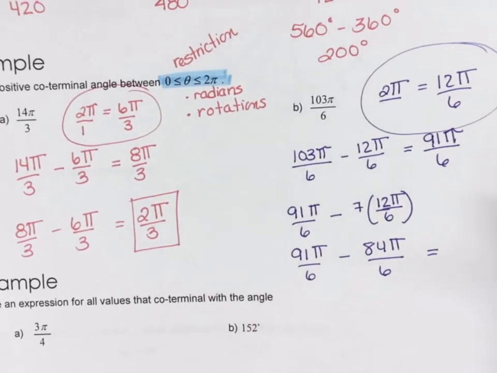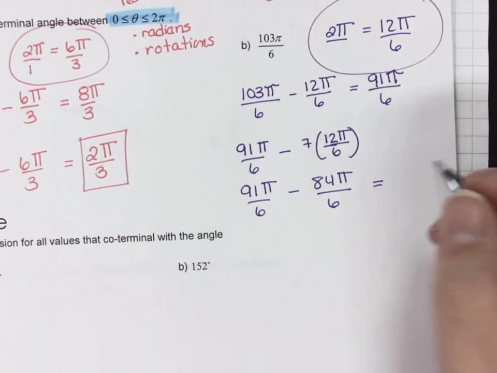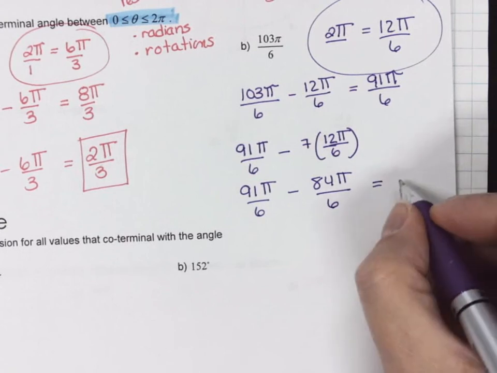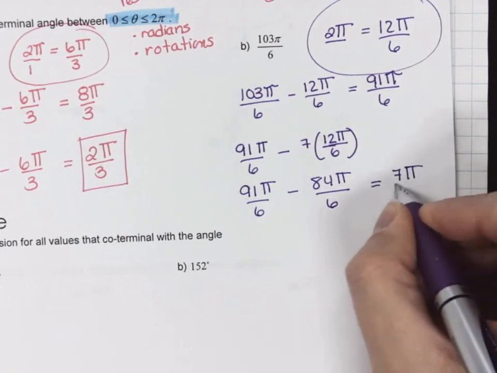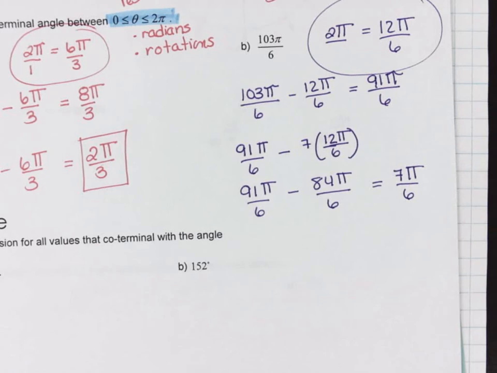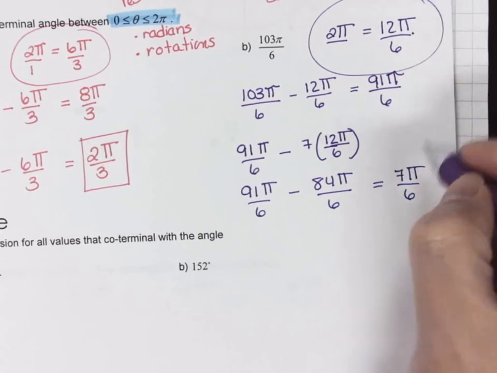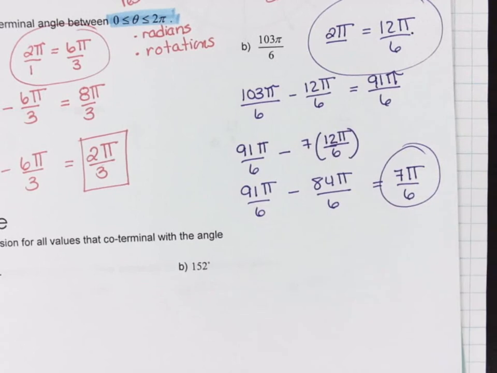So 91 minus 84 gives 7 pi over 6. Does that fall into a full rotation? Yes, because you need to be somewhere between 0 and 12 pi over 6, and this one is in there.